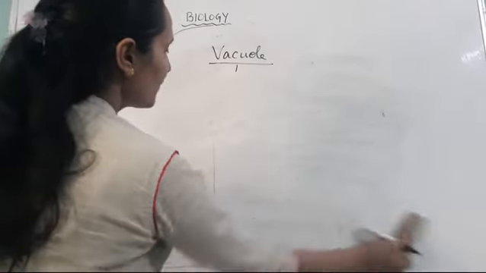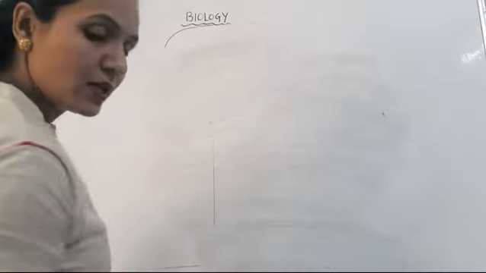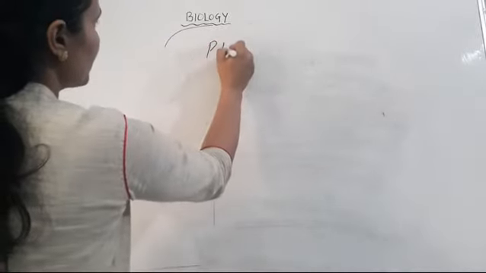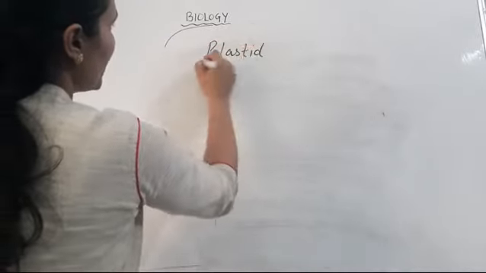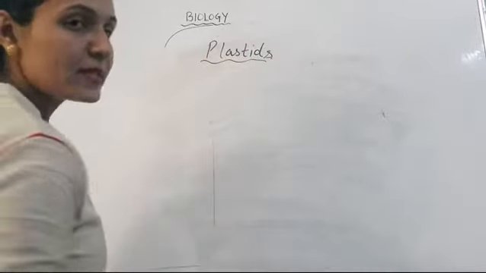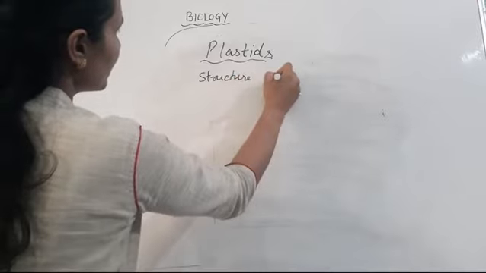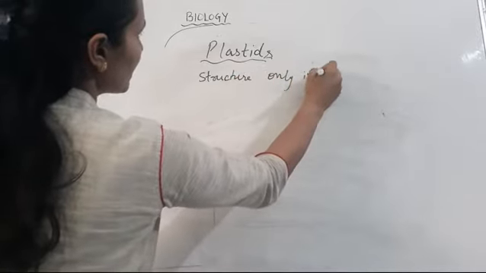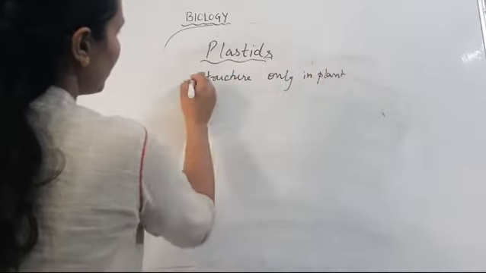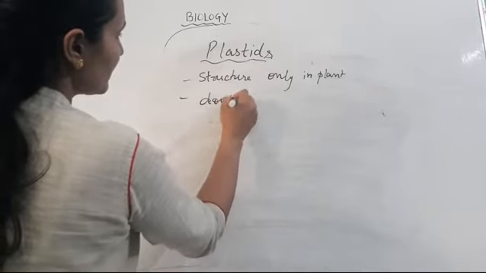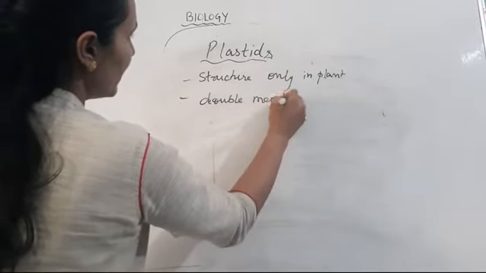The next structure which we are going to discuss is the plastid. Plastids are basically structures present only in plants. They have a double membrane like mitochondria.